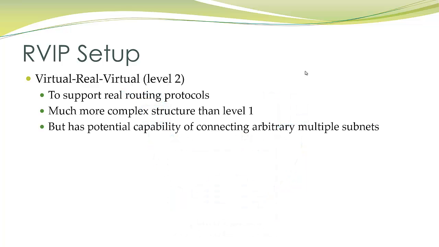So we have to resort to RVIP level 2 to support any complex real routing protocols. RVIP level 2 has a much more complex structure than level 1, and it also has the basic advantage that it can connect arbitrary multiple subnets and very complex networks together, because RVIP level 2 really supports routing protocols such as OSPF or any other.